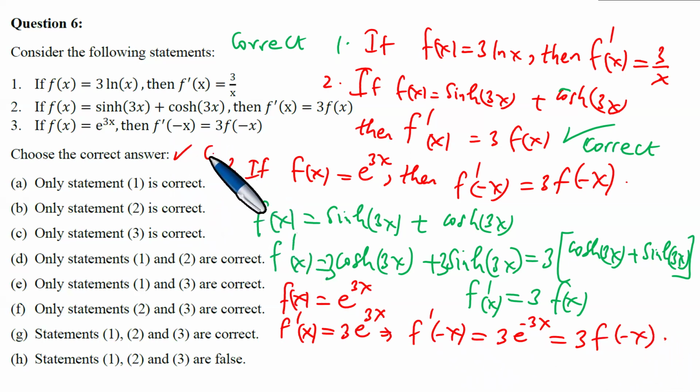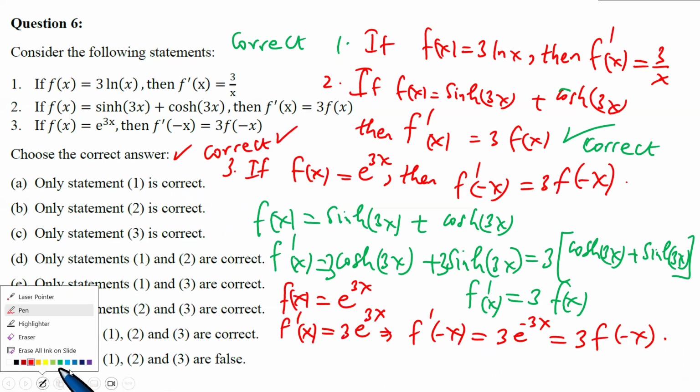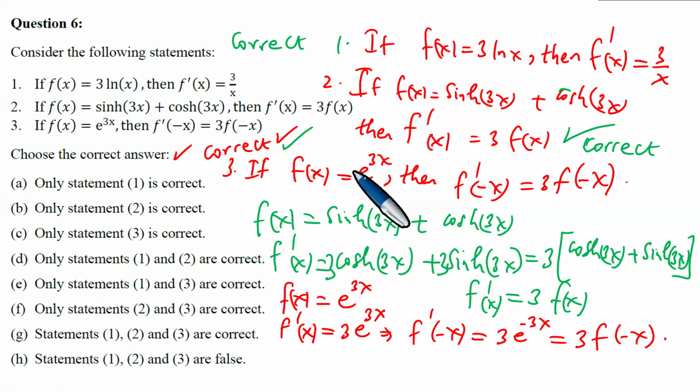So meaning that 3 is also correct. Okay, so we have 3 correct ones. This one is correct, 2 is correct, and also 1 is correct. So at this point, we have that G is the correct answer. Statements 1, 2, and 3 are correct.